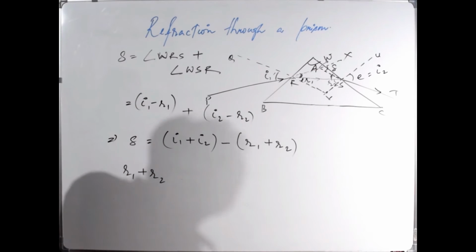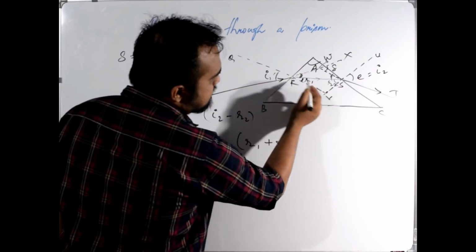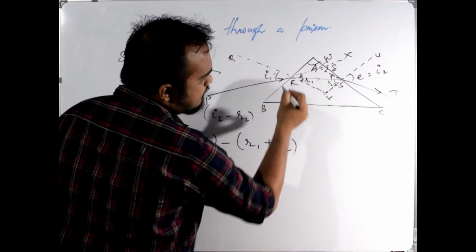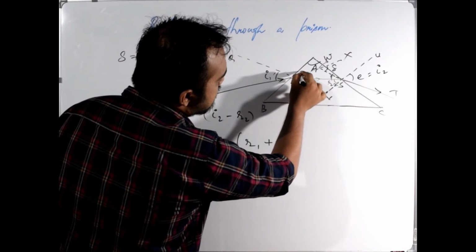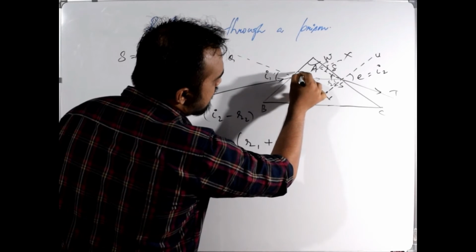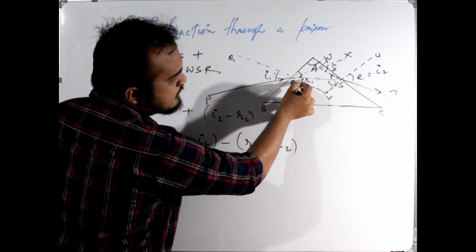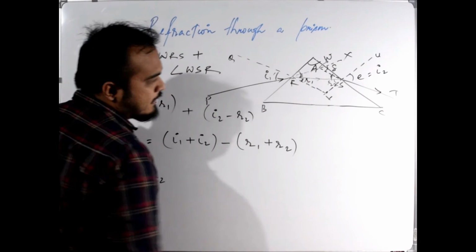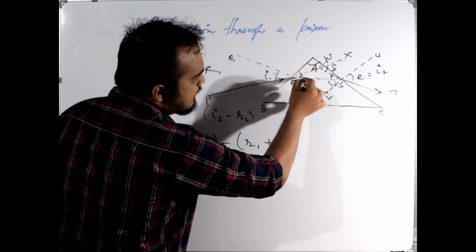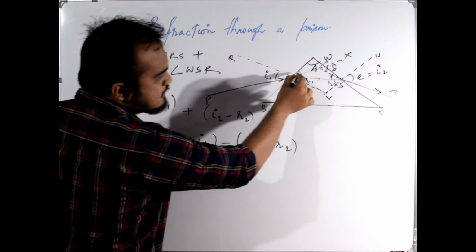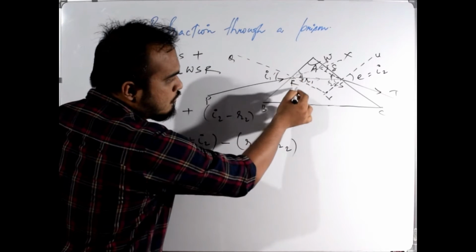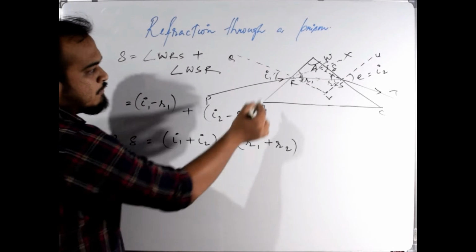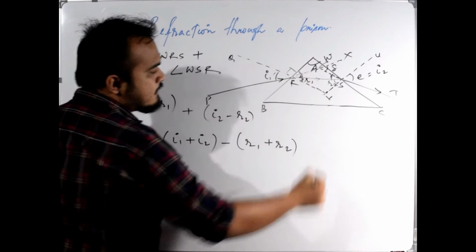See, this whole angle, this small angle plus this angle as a whole will be equal to 90 degree. Why? Because this is 90 degree.